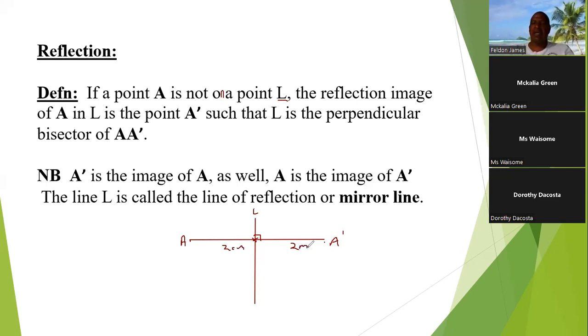Then what we are saying is that the distance of your pre-image to the mirror line is the same as the distance of your image from the mirror line. Is that clear, guys? Raise your hand if you understand clearly what that is saying. Guys, not getting any response.